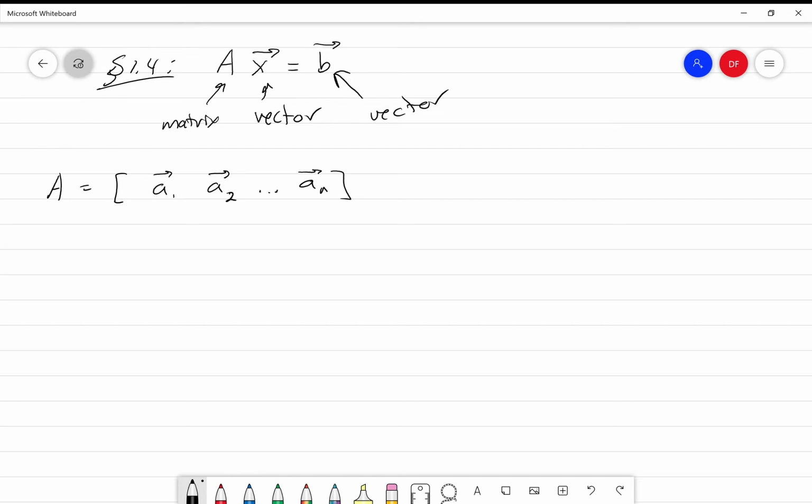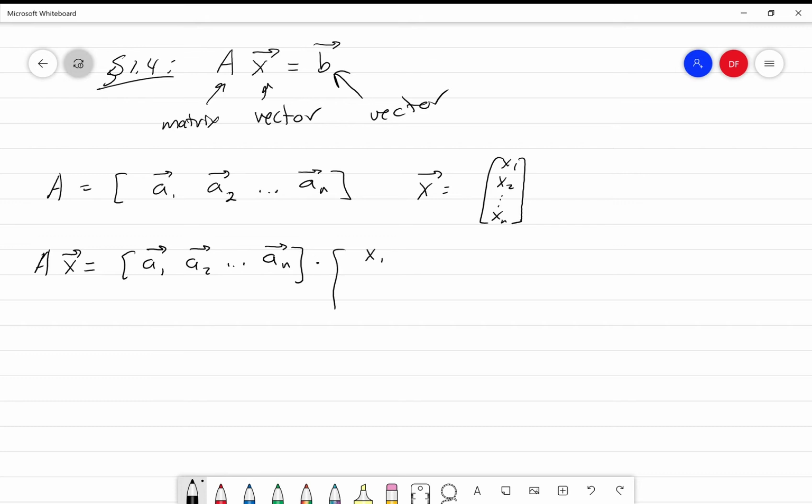And X is a column vector x1, x2, dot, dot, dot, xn. And so we can see here that a matrix times a vector is simply A1, A2, AN, the column vectors, multiplied by x1, x2, dot, dot, dot, xn.